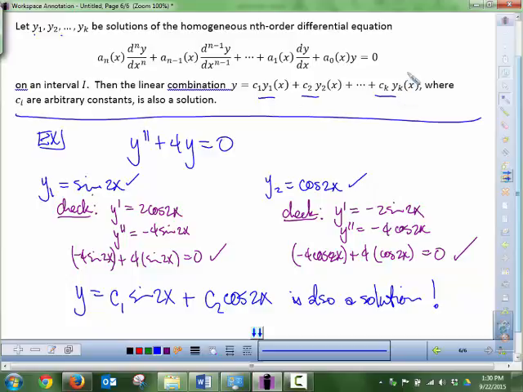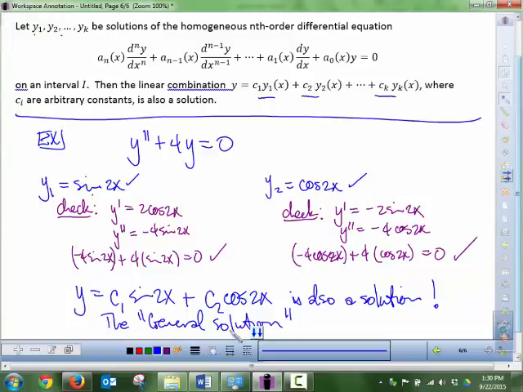So a linear combination of them is also going to be a solution to the differential equation. And in fact, this is your general solution to your differential equation.